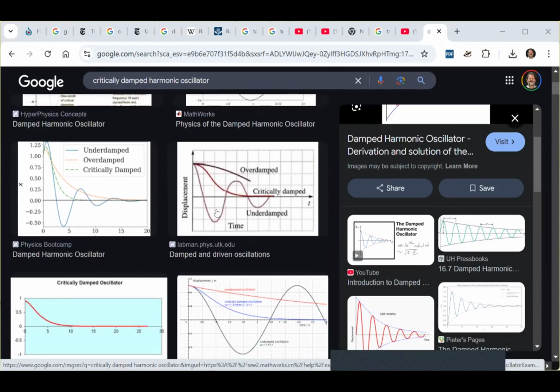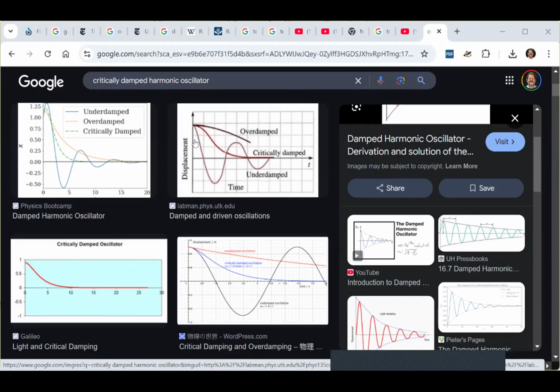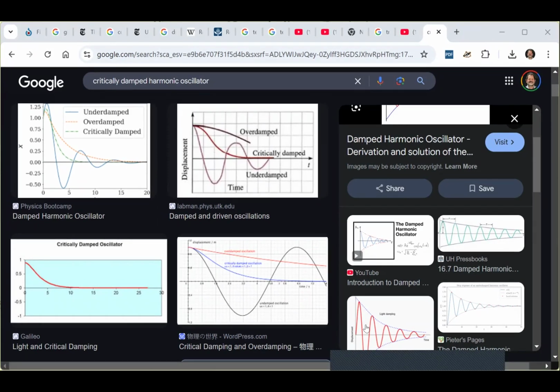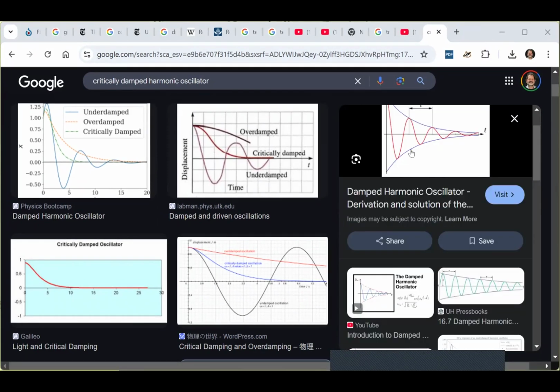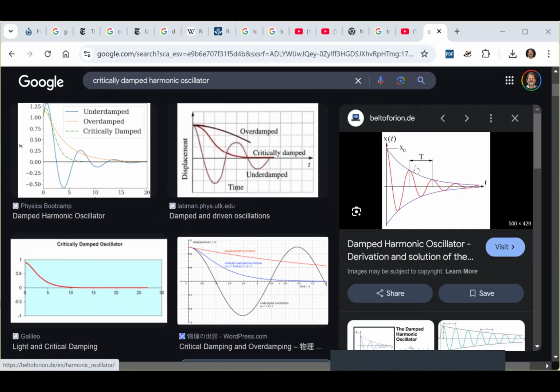So let's do this. This is what the motion would look like. Or I should say, this was the motion of what my phone did. It took a little bit longer, but this is the underdamped motion of my phone on the spring.